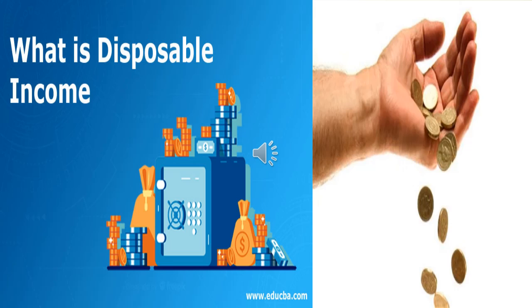Then the last one, disposable income. Disposable income means actual income which can be spent on consumption by individuals and families. Consumption means using something, so it is the money spent by an individual or a family to use things.